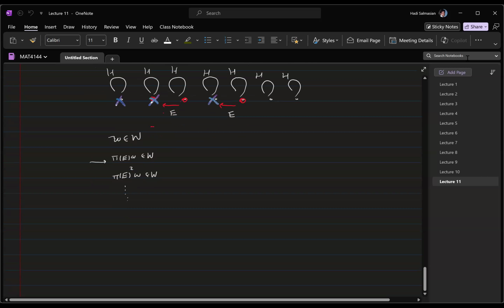Just close OneNote and open it again. Okay, now it's moving.